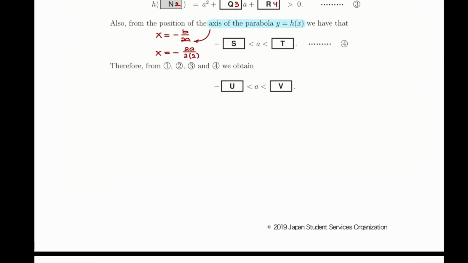So the axis of symmetry is equal to negative a over 2. This is my axis of symmetry or axis of the parabola.